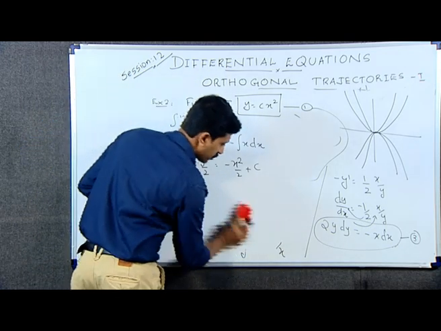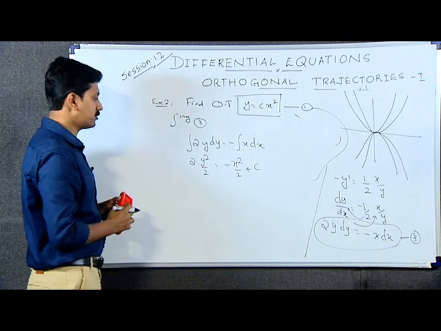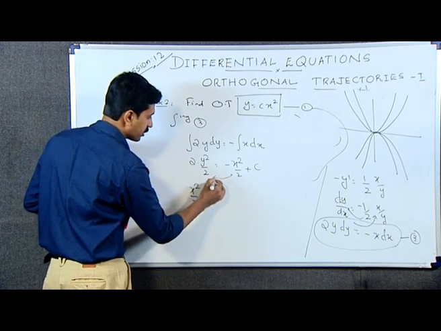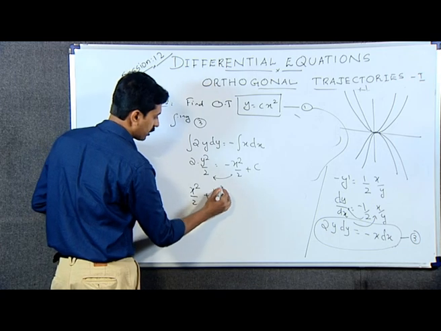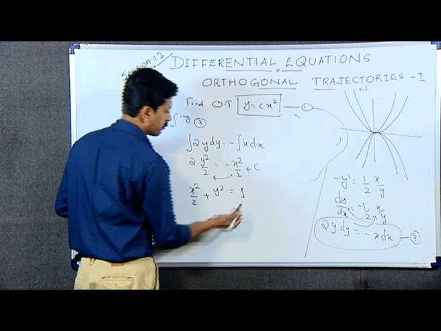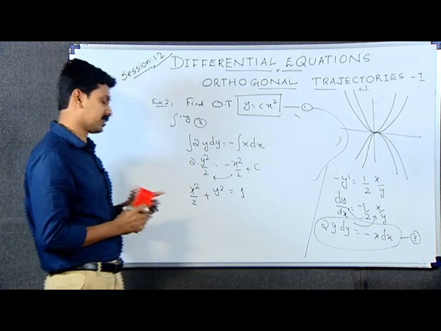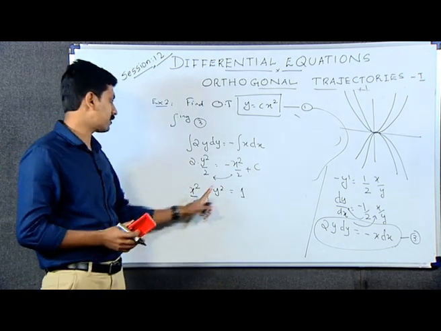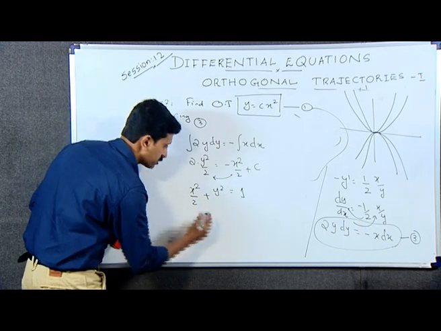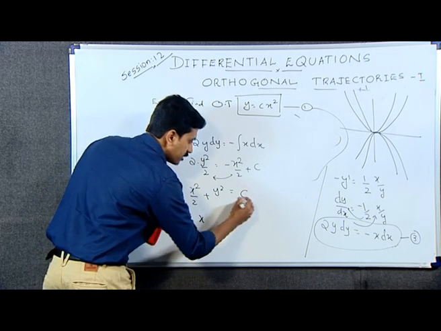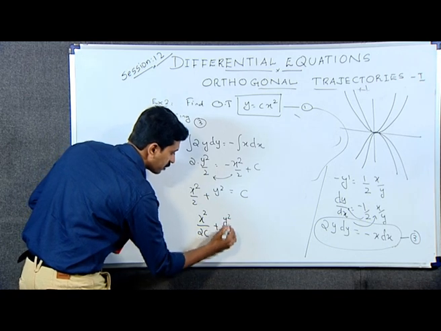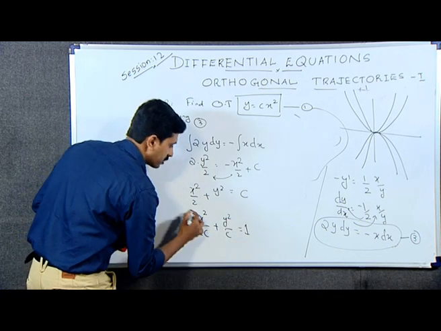So, I am taking x square by 2 to be here: x square by 2 plus y square is equal to c. Instead of c, I am replacing it with a particular constant, and otherwise we can write this as x square divided by 2c plus y square by c is equal to 1.